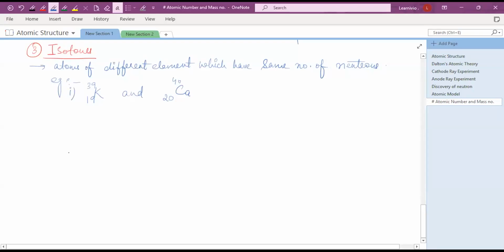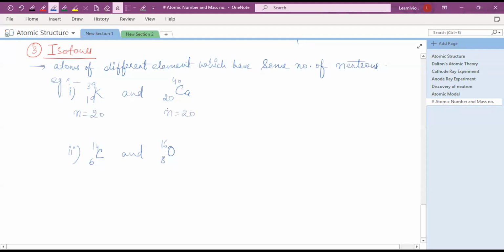Just calculate the number of neutrons, Neha, and tell me. Have you calculated the number of neutrons? 20, yes, for both these.